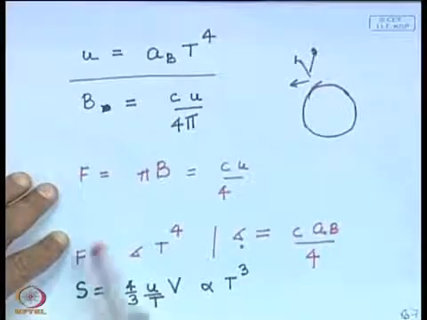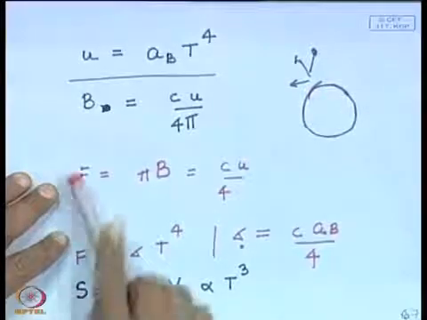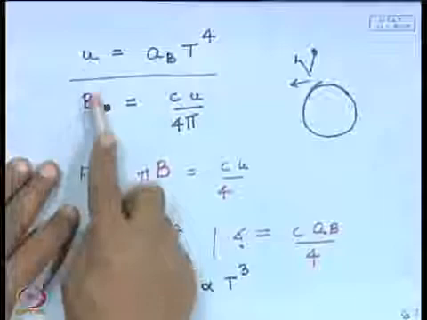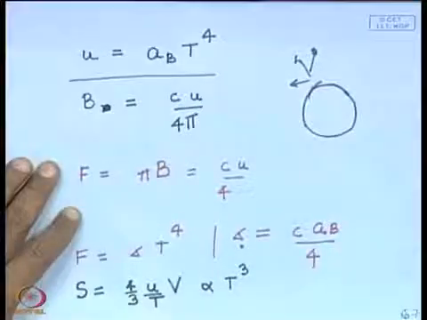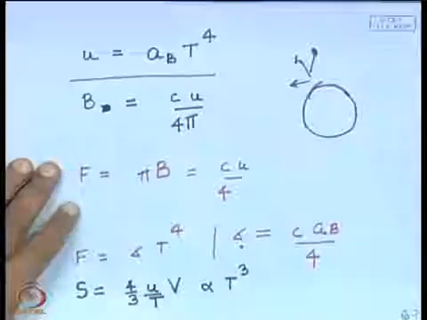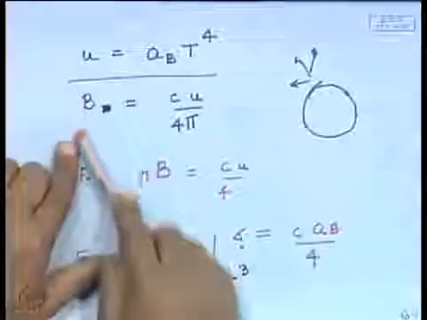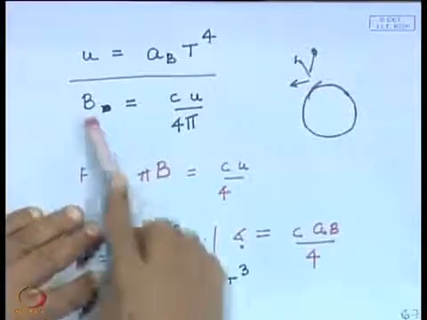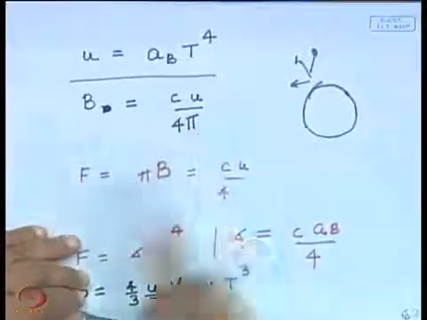Further, we also saw that the Planck function, this we had seen earlier, that the specific intensity is related to this. You multiply by c and divide by 4 pi, you get the specific intensity. So, if you integrate the Planck function over frequency, then that is equal to c into the energy density by 4 pi.